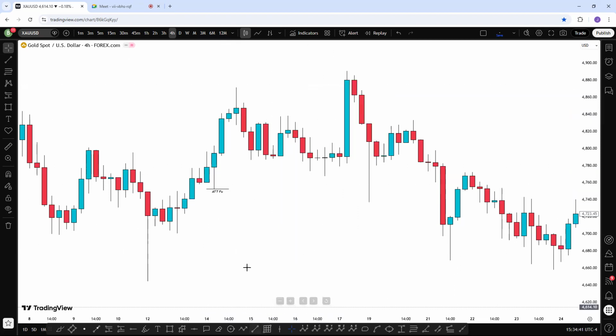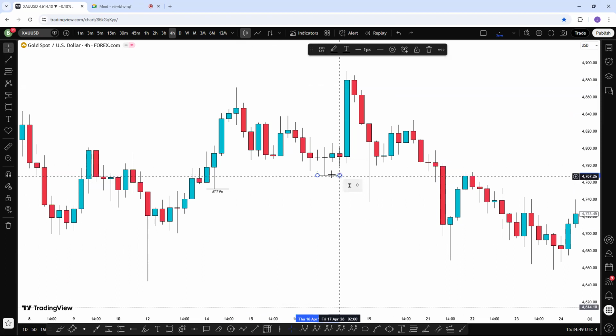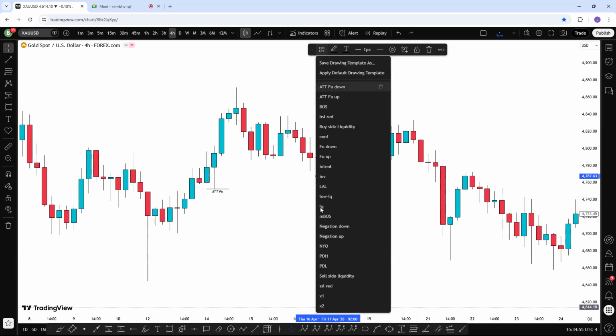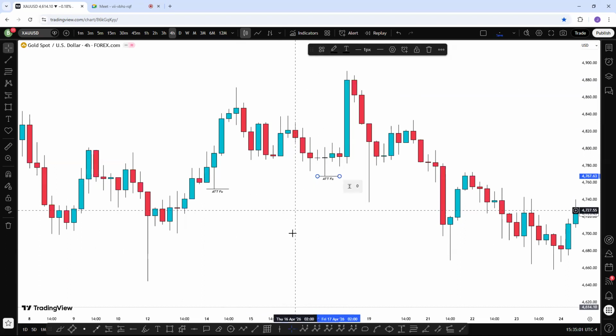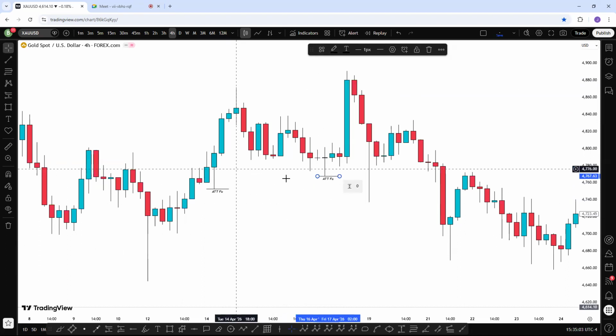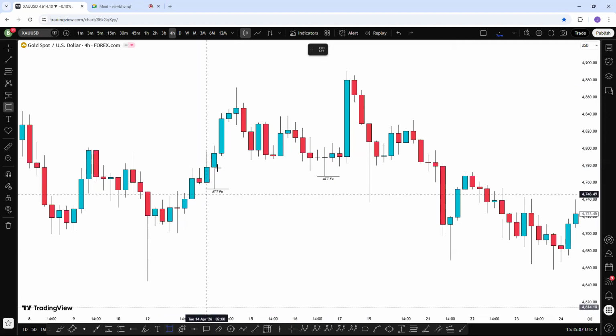And then during the test, we got another one here, another activity FU. It took a longer time to test, but after being tested, we got a sharp move, making this a strong zone.